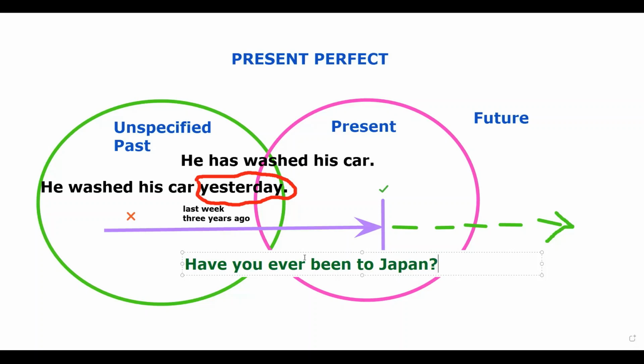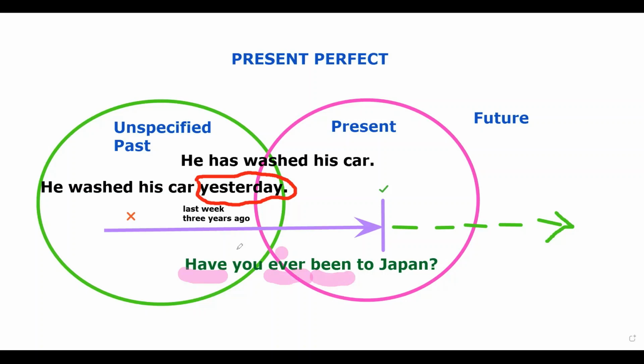This is present perfect. Ever is a time marker. It is an adverb that helps us to understand that this is present perfect.